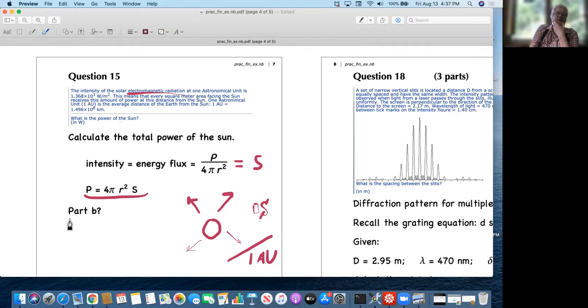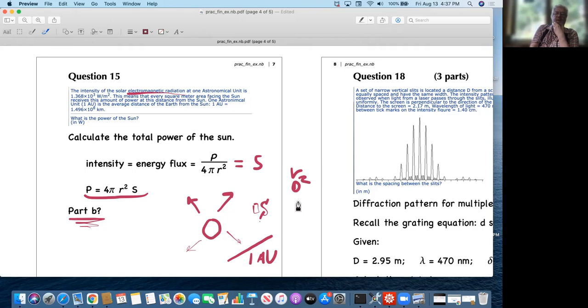Now there is a part B, I think, in this problem, which if I remember, suppose you're not at the surface of the earth, but you're out here. So suppose you have a satellite out here with a solar panel. So this will have some larger radius, R2, distance from the sun.